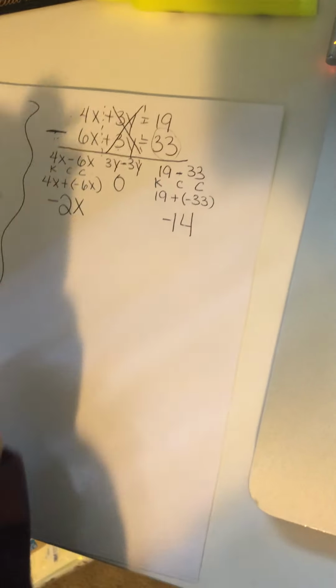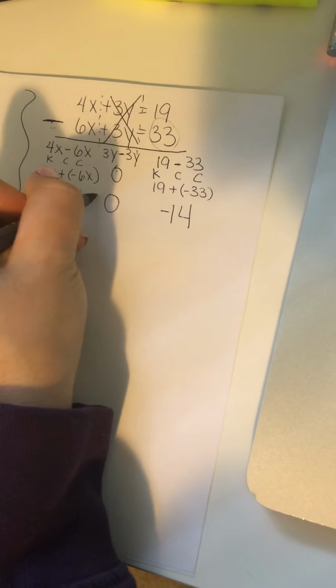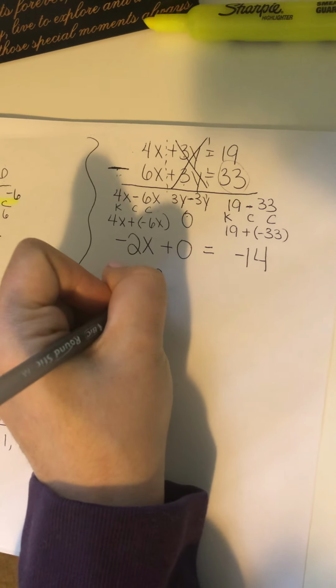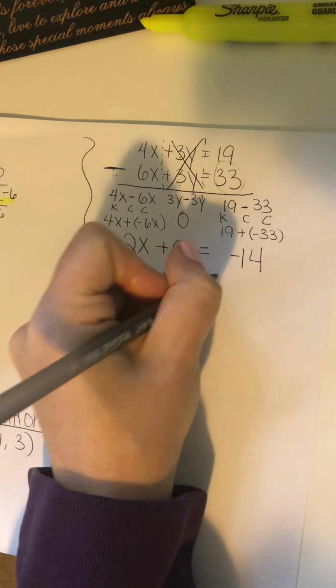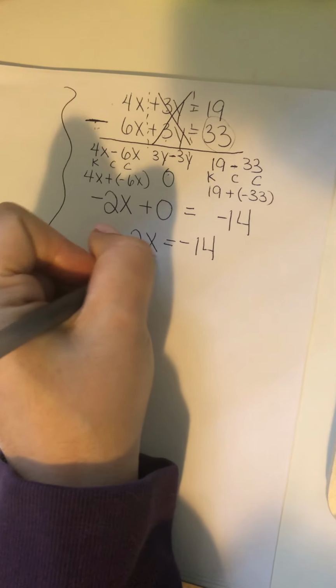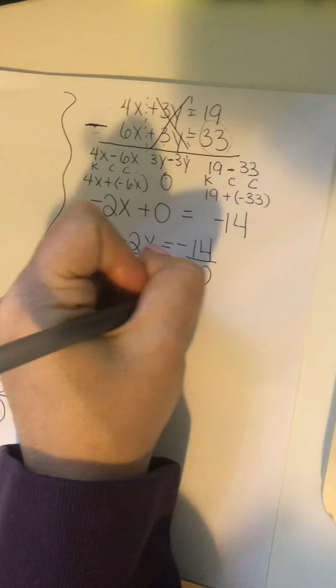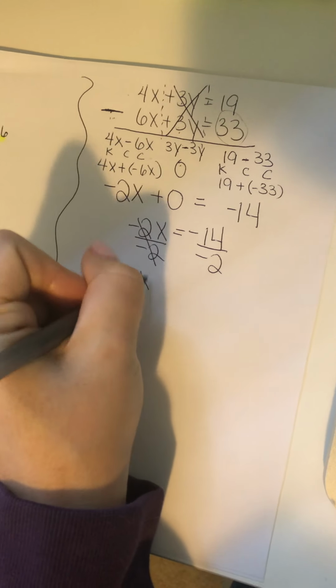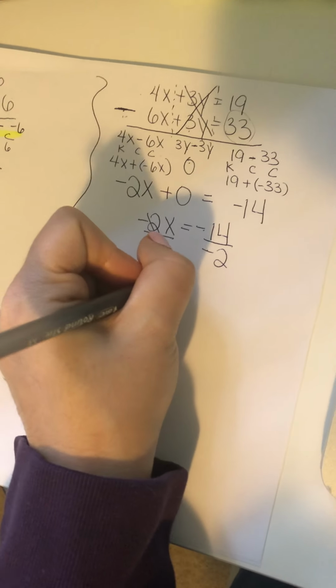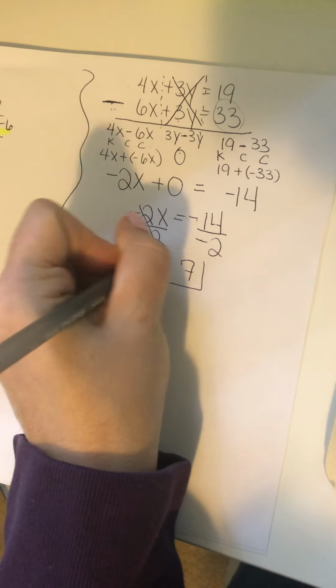Okay, so let's just bring this down. So my 0 is here, so plus 0, and my equal sign is here. We then rewrite it without the eliminated term. And then I will simply divide by negative 2 to isolate x. These will cancel. Remember, a negative divided by a negative is a positive, so we get x equals 7.